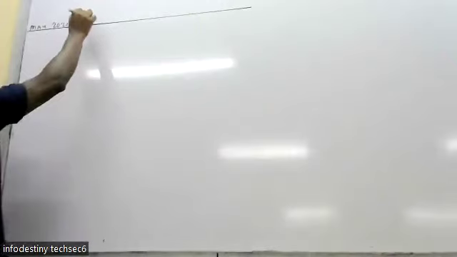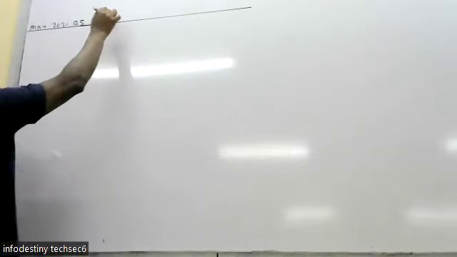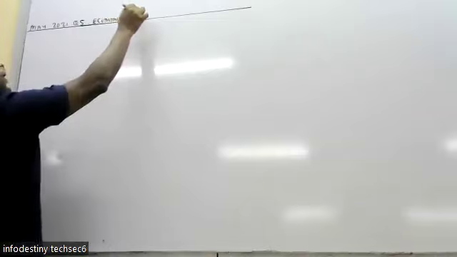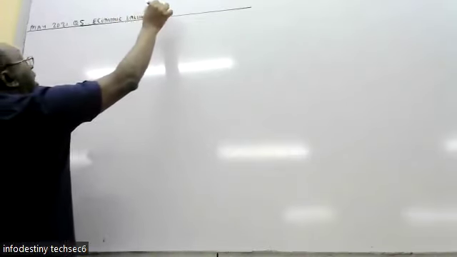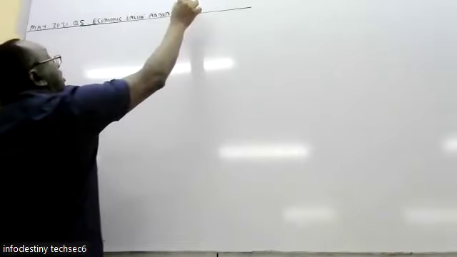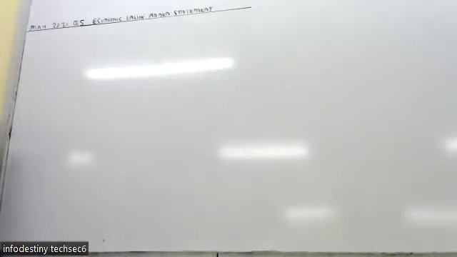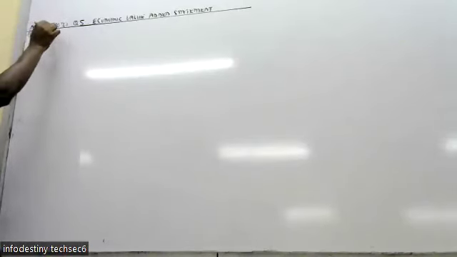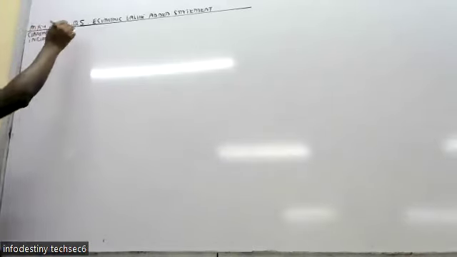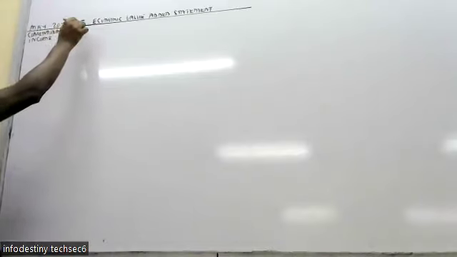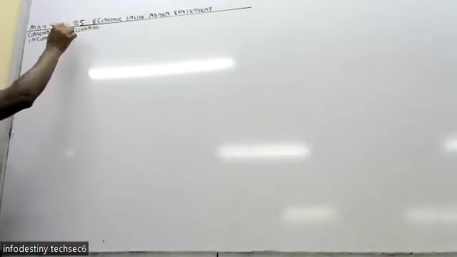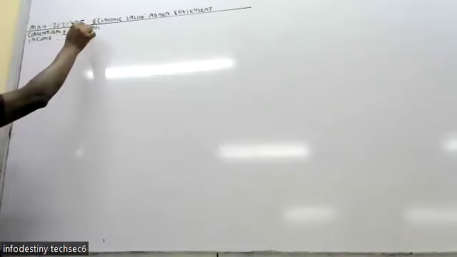That is the economic value added statement. And remember we said that when you're looking for this, you start with conventional income plus or minus accounting adjustments.